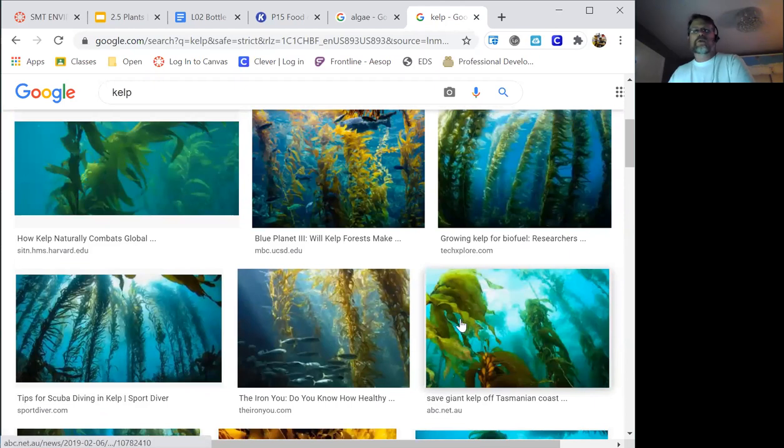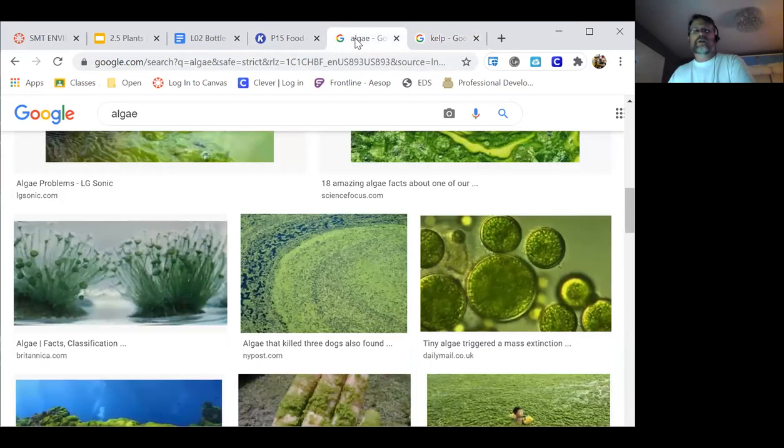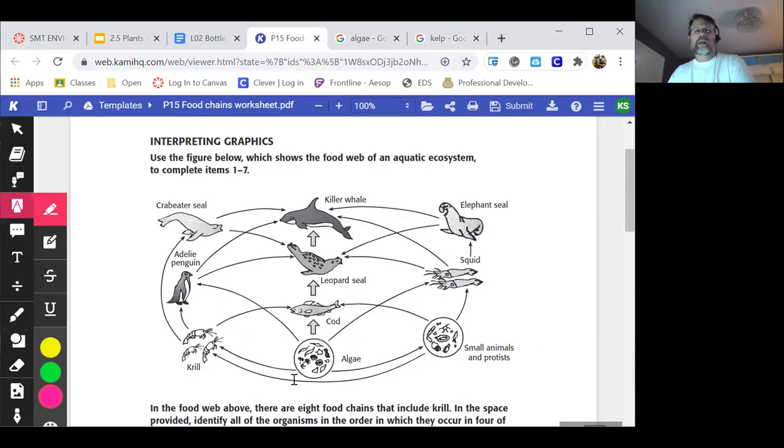So if you're looking for sea otters, they're going to be living in kelp forests. But that is still a form of algae, and so it is still going to fall under the algae category and is going to be our primary producer at the base of our food web here.